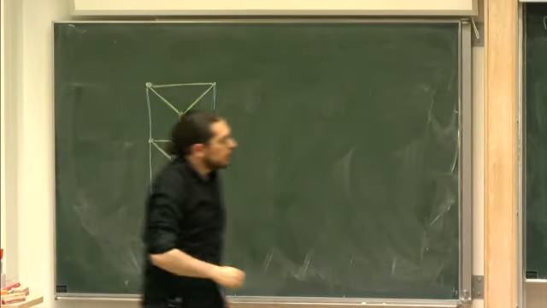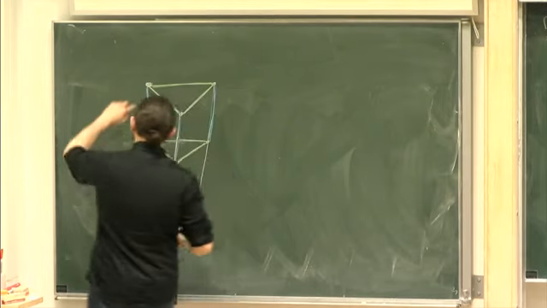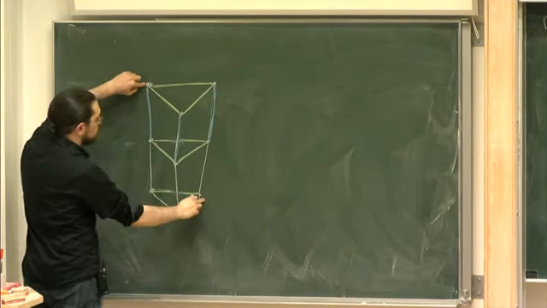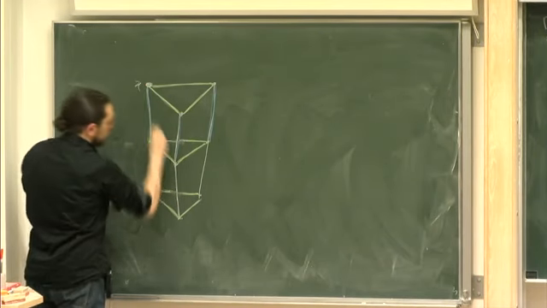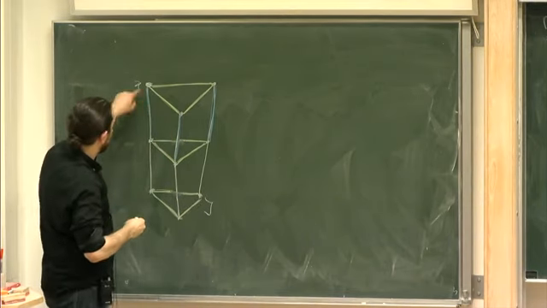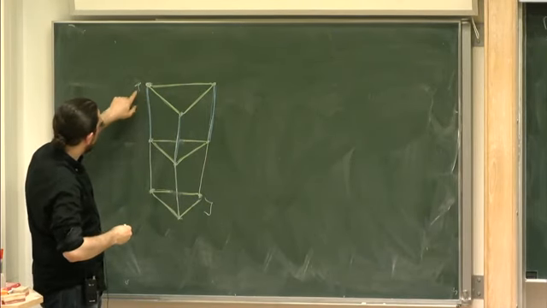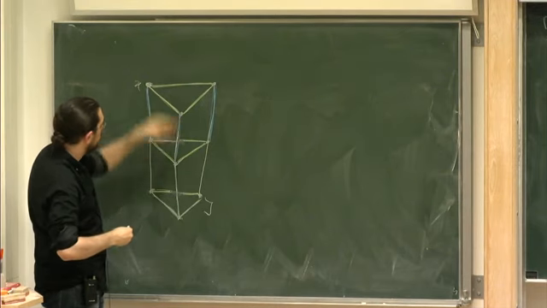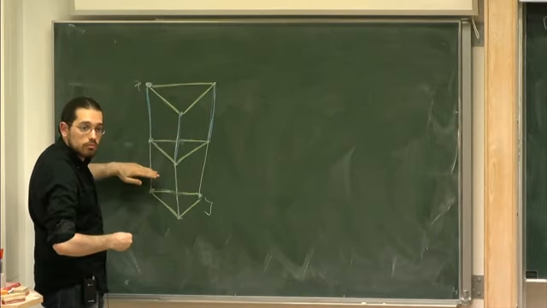And the third point is that the distance between two vertices is the number of hyperplanes which separate them. So if I take this vertex and this one, the distance is 3, 1, 2, 3, and I have 3 hyperplanes which separate x and y: the green, the blue, and the right.